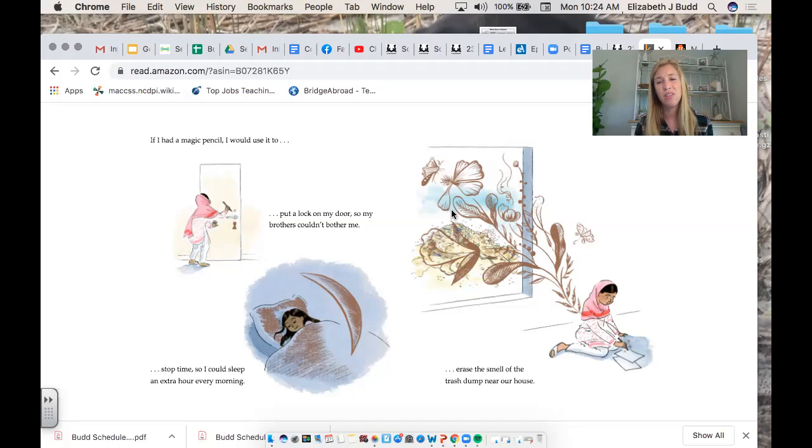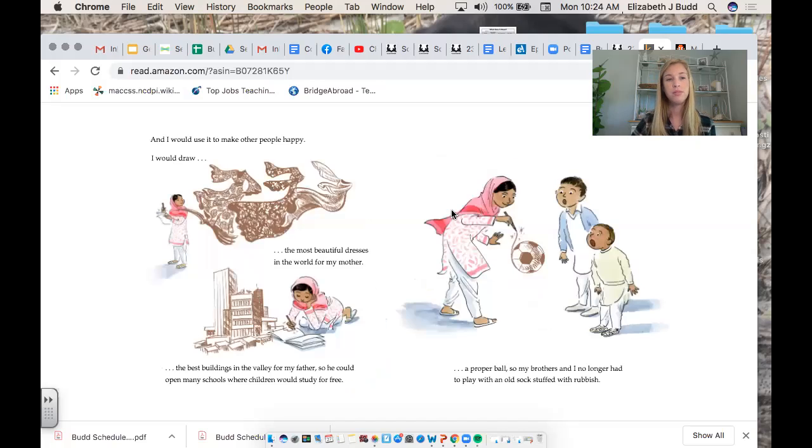Erase the smell of the trash dump near our house. And I would use it to make other people happy. I would draw the most beautiful dresses in the world for my mother, the best buildings in the valley for my father, so he could open many schools where children would study for free, a proper ball so my brothers and I no longer had to play with an old sock stuffed with rubbish.